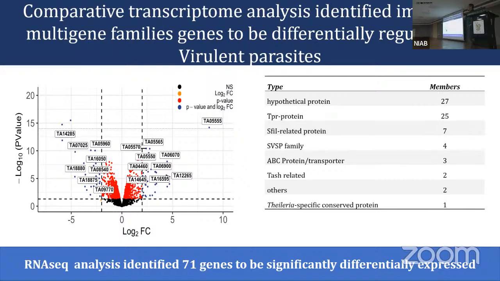We have used their data to validate our data. Whatever comes in common, we consider that this gene might be involved in virulence. We are not concluding from our data itself, but we have compared.